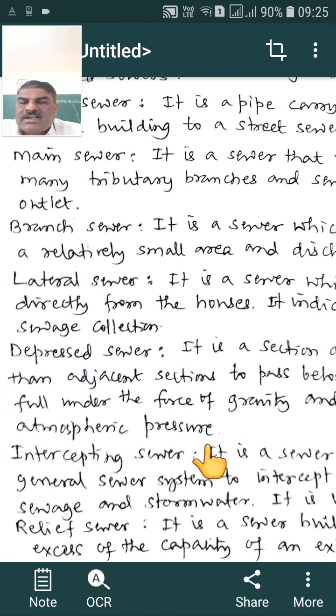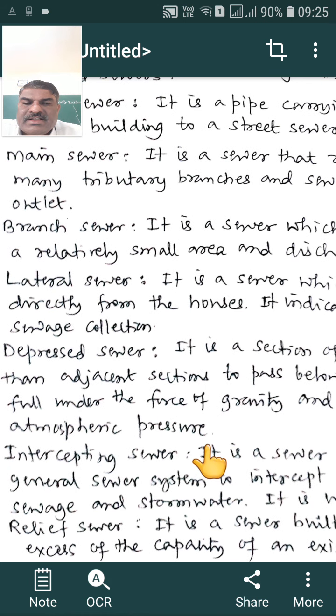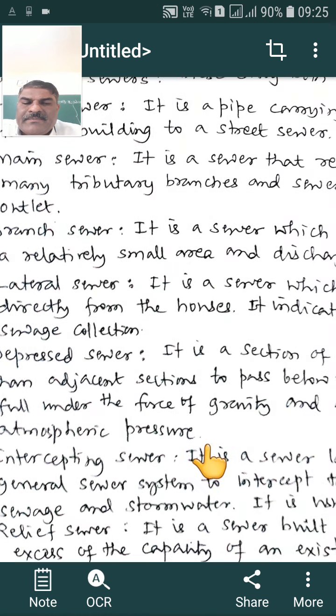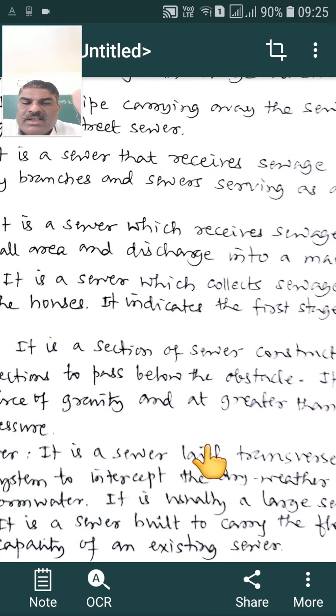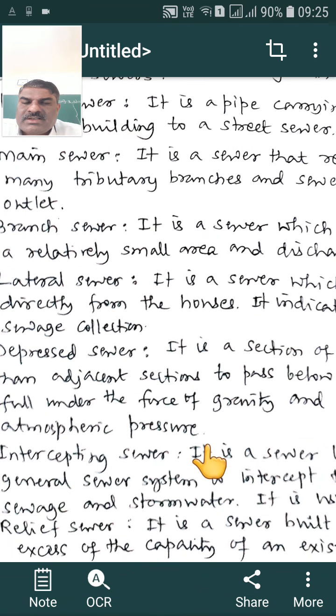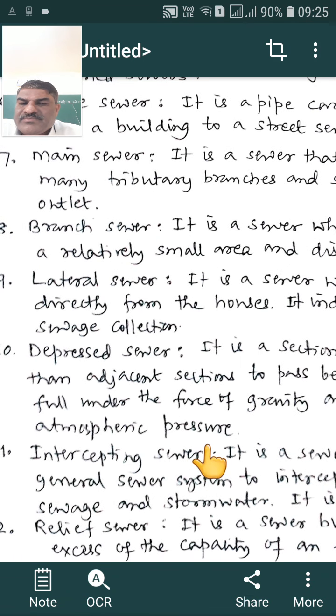So what is an intercepting sewer? It is a sewer which intercepts, or is laid for the supply of, the dry weather flow. Such a sewer is called an intercepting sewer.